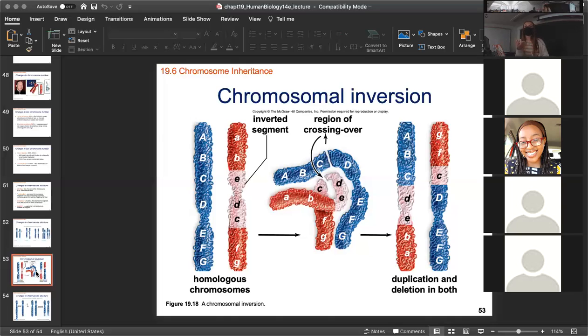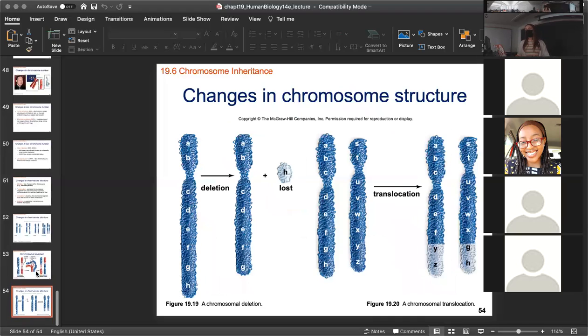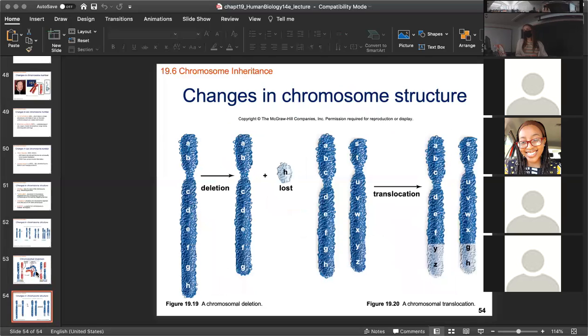It may not change the amino acid. Sometimes it does, but not always. Okay. This is just showing the changes in the chromosome structure for deletion and translocation, just a little bit more in depth. Both of these figures can be found in your book on 1919, like the root beer, and 1920.